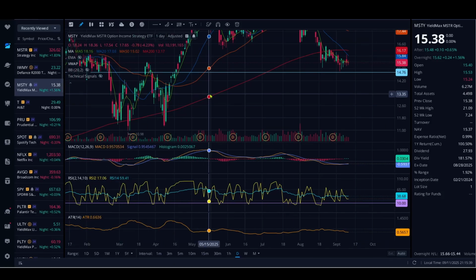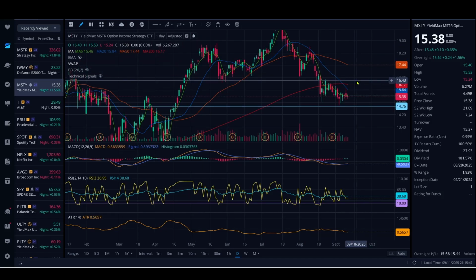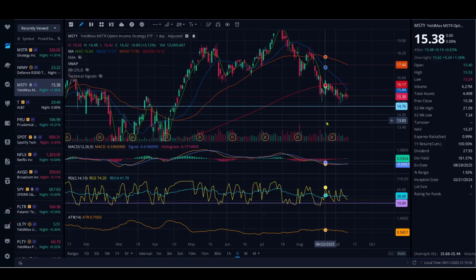So I want to know overall performance of the stock, not necessarily just the price movement, but the overall performance, which will help smooth out those noises from the distributions in the case of MSTY.